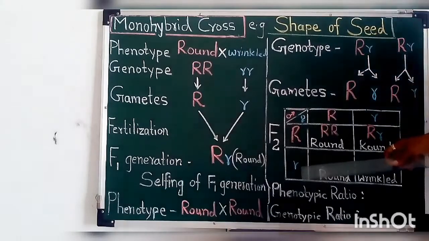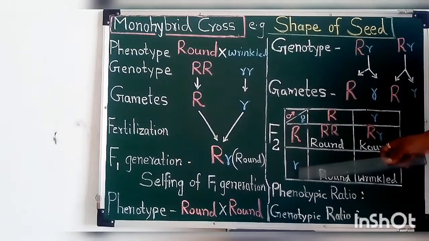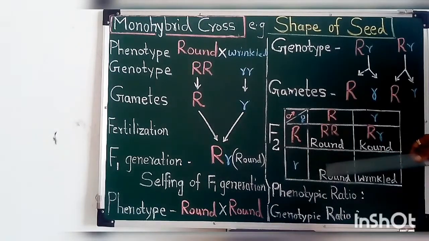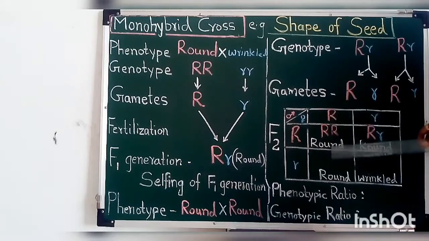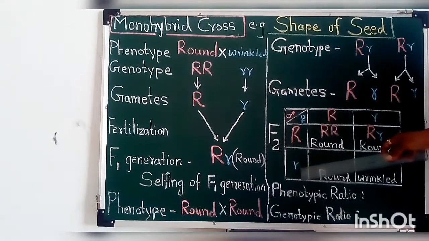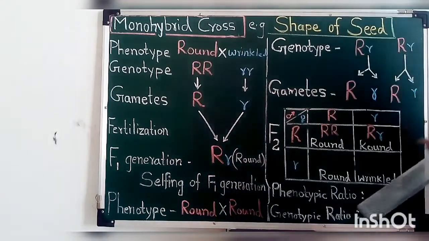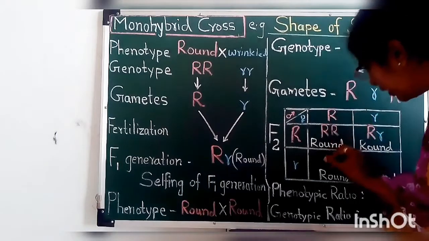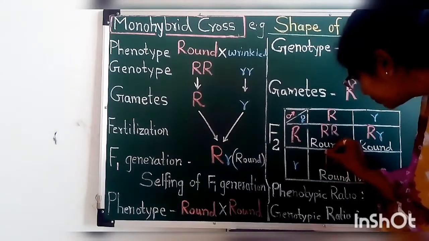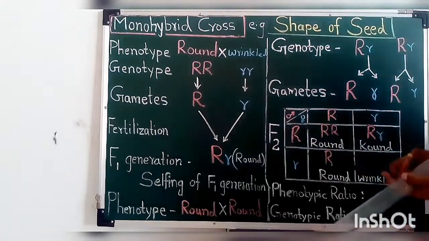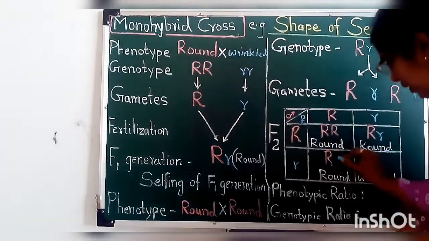Now comes the next one. The small r has come first. In this case, instead of writing the small r first, we'll be writing the capital R and then only the small r. So now we have to cross small r with the capital R. For this, first we'll be writing this capital R, and now we'll be writing this small r.